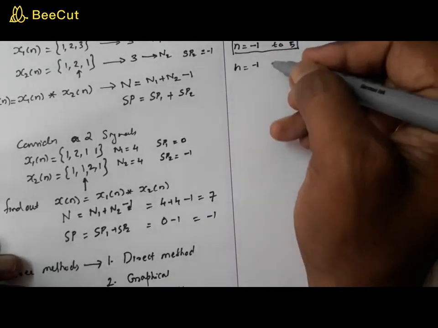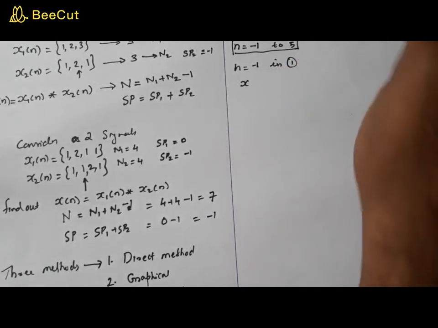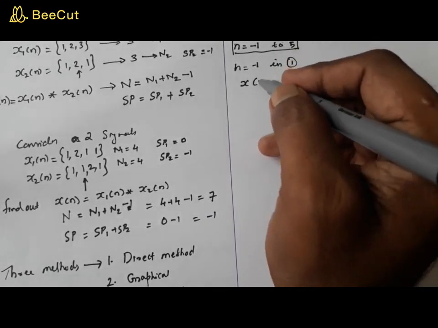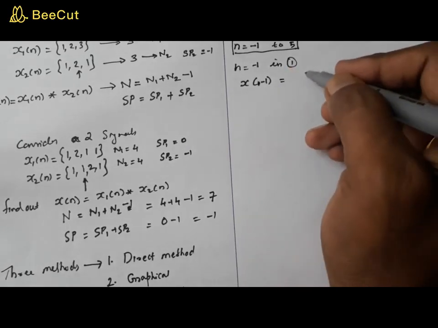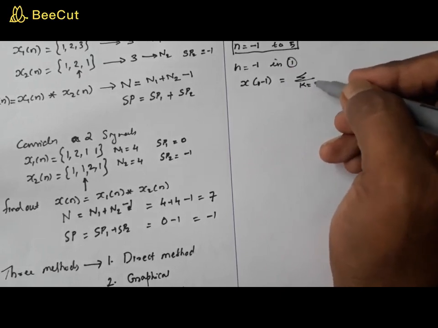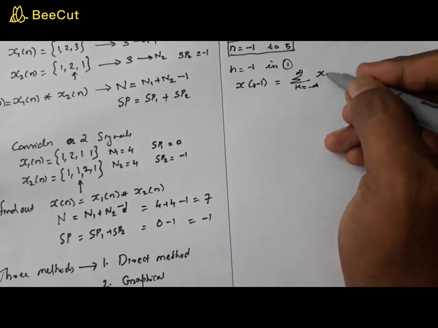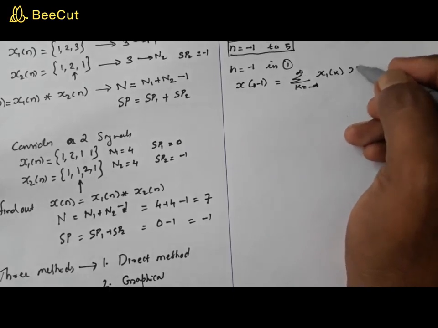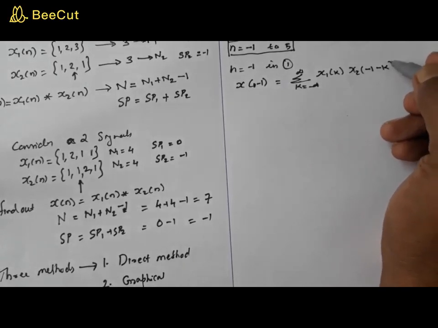The equation becomes x of minus 1 is equal to the sum over k from minus infinity to plus infinity of x1 of k into x2 of minus 1 minus k.